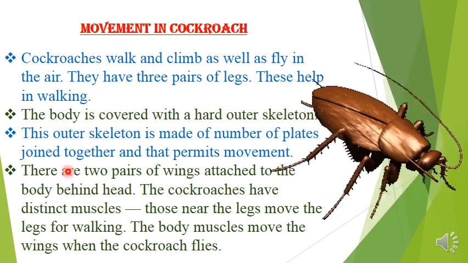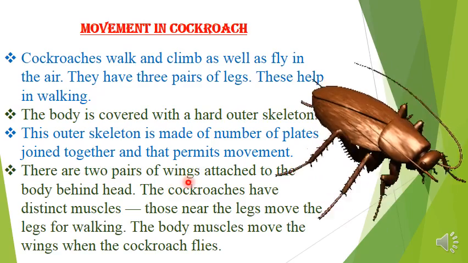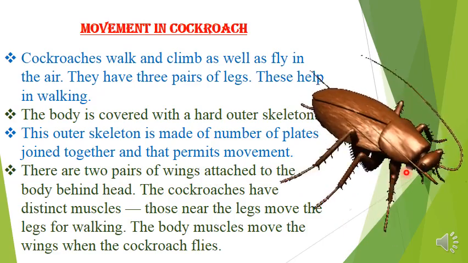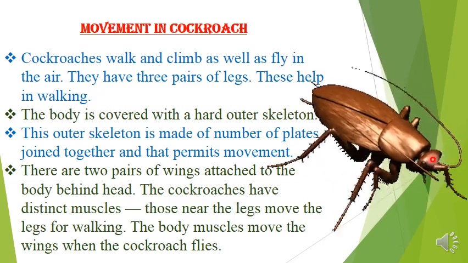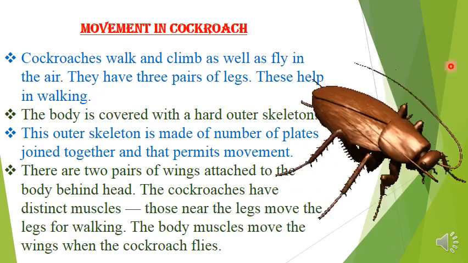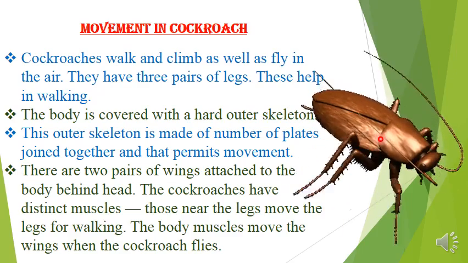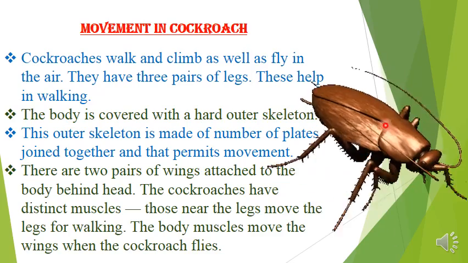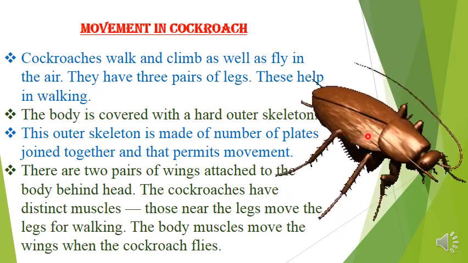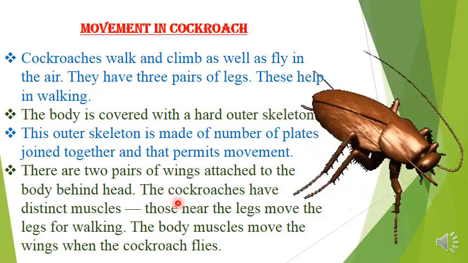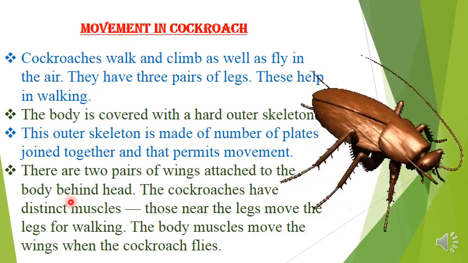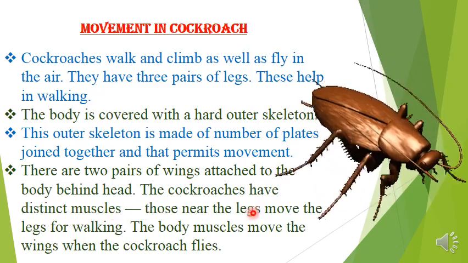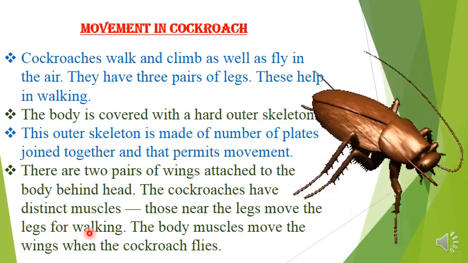There are 2 pairs of wings attached to the body behind the head. This is the head. You can see 2 eyes and these hair-like structures are called sense organs which can sense things. And here you can see two different wings behind the head. The cockroaches have distinct muscles. Those near the legs move the legs for walking.